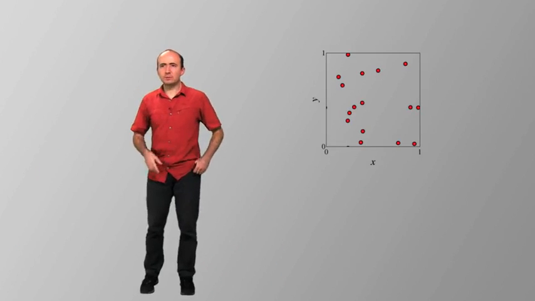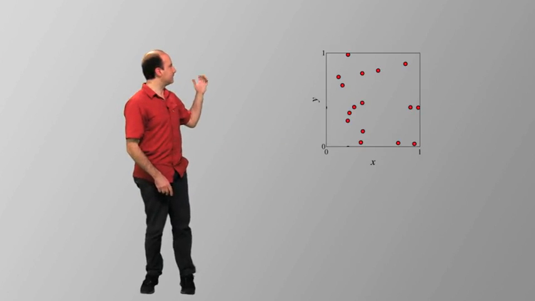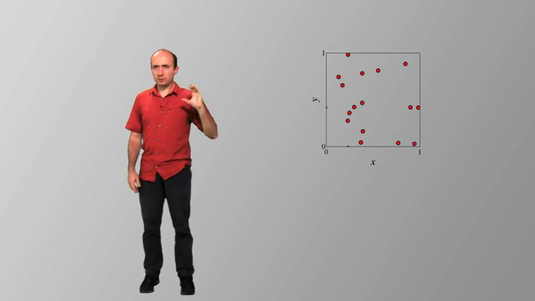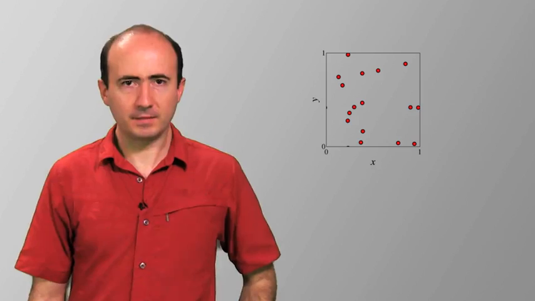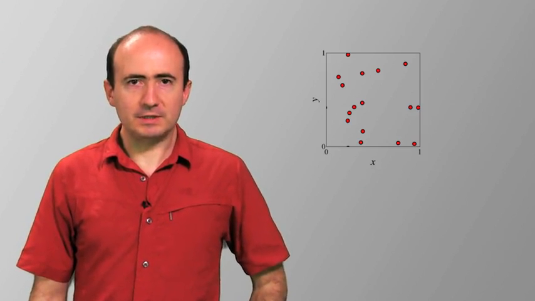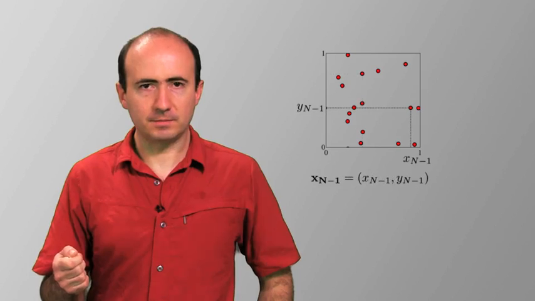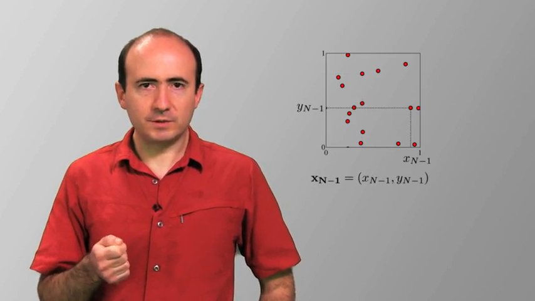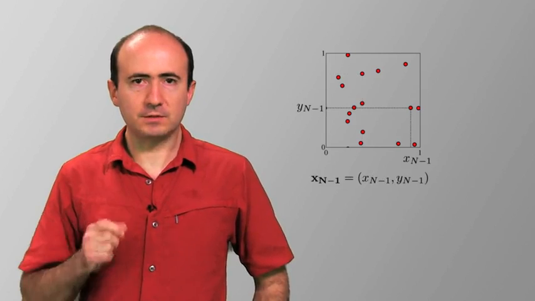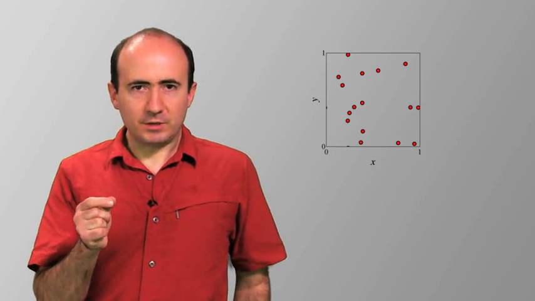To do so, let's consider the following n equals 16 points in the box with periodic boundary conditions. This configuration is described by the set of vectors x0, x1, up to xn-1. Each of these vectors contains the two spatial coordinates of the points, x and y. For relatively small radius, this configuration will be allowed.